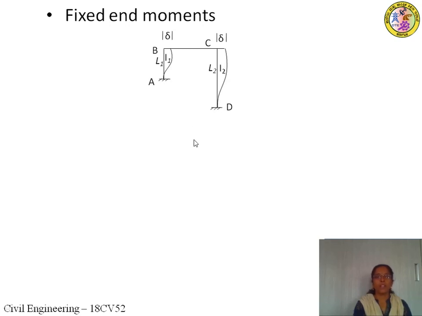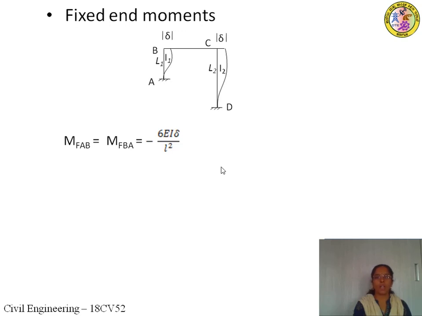Okay, so let us consider that this frame is having a tendency to sway towards right, then the value of delta is positive. Okay, so in that case, fixed end moment MFAB is calculated as minus 6EI delta by L square. Both MFAB as well as MFBA is calculated by minus 6EI delta by L square.